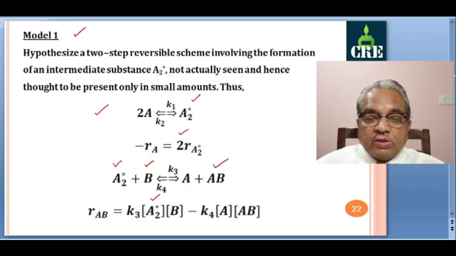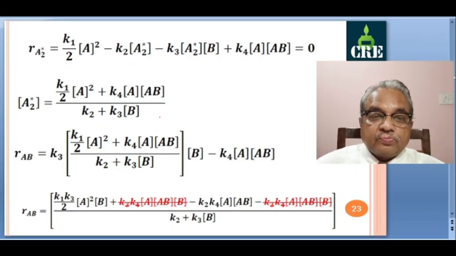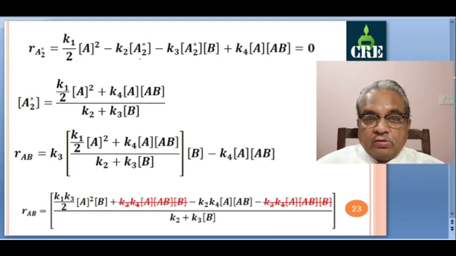These two with the constants k3 and k4, A2 star is involved. In this reaction, k1 concentration of A squared minus k2 concentration of A2 star.